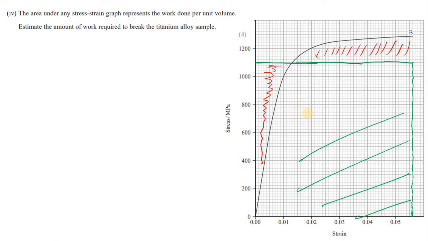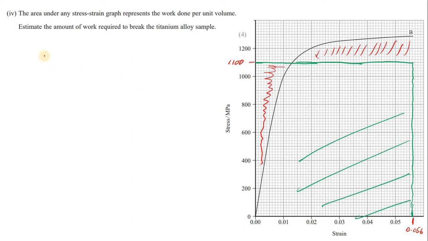But remember, if you are using this technique, you have to show the rectangle with the correct line and the number. So this number is 1100, and this is 0.056. So you just multiply length by width.